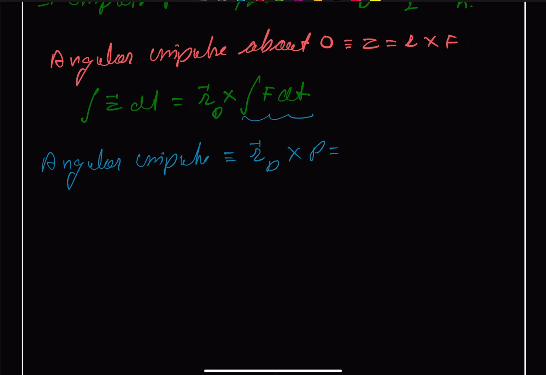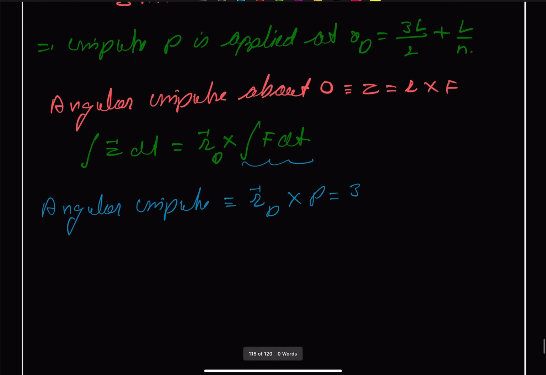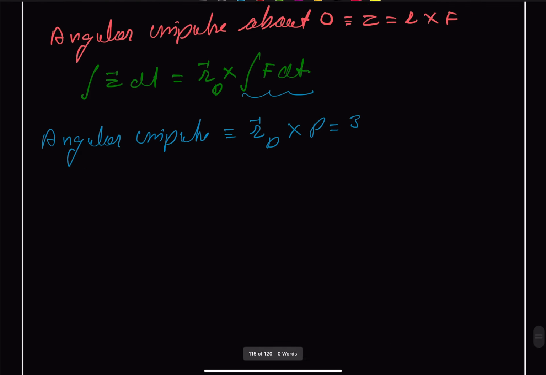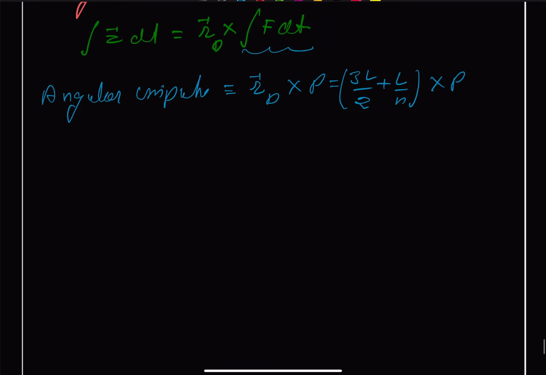This comes as our RD is nothing but our xt, so this is 3L divided by 2 plus L by N, cross P. Okay, we are only interested in magnitude.